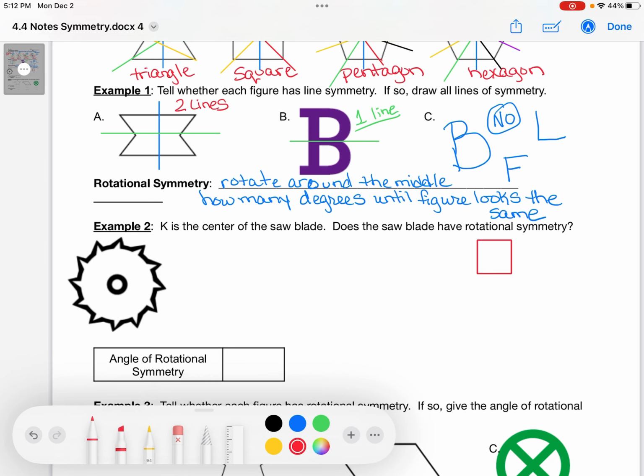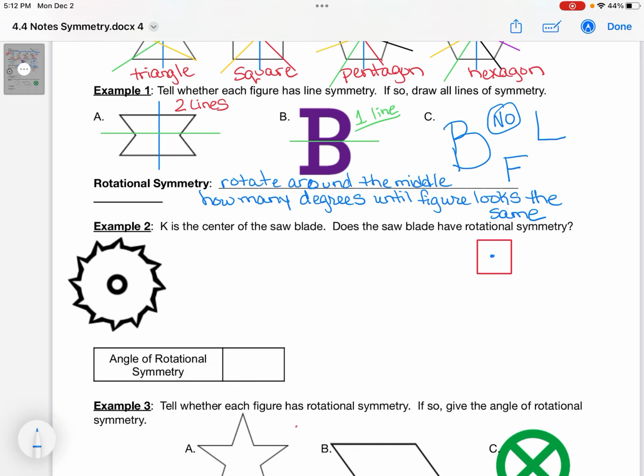There you go. Okay, so we're talking about having a point in the middle of the square that the square is turning around. So I want this corner to go down here, and by the time that corner gets down there, it looks the same again. And then this corner will go here, this corner will go here.